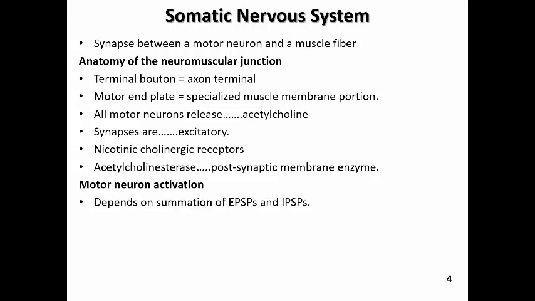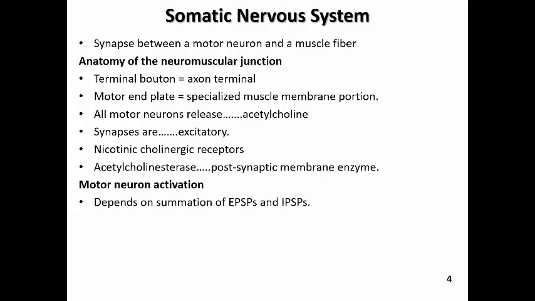In terms of motor neuron activation, that begins up in the spinal cord. Now, activation of the motor neuron is subject to either EPSPs or IPSPs, or both at the same time. The EPSP comes by way of other neurons that will excite the motor neuron up in the spinal cord. The IPSPs come from other neurons that will inhibit that activation of the alpha motor neuron.